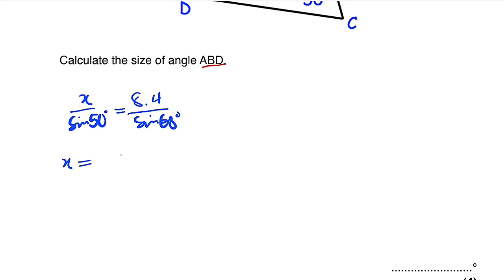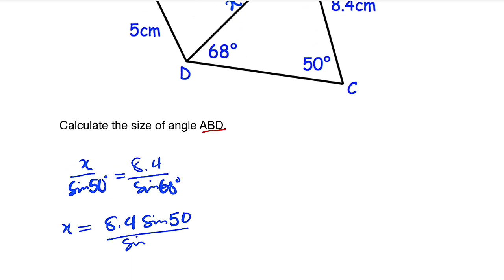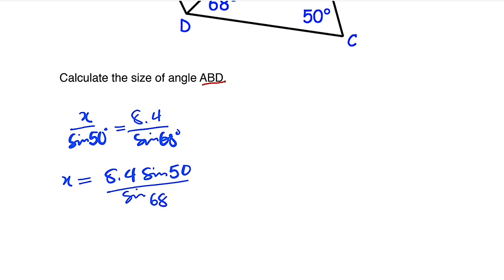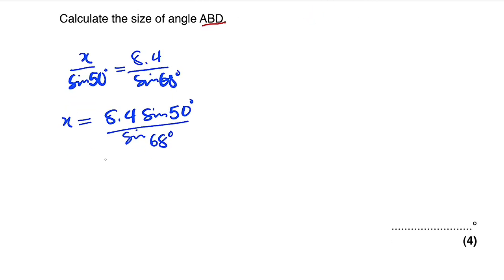Therefore, x will be equal to 8.4 sine of 50 divided by sine of 68 degrees, and this is equal to 6.94 in 2 decimal places.